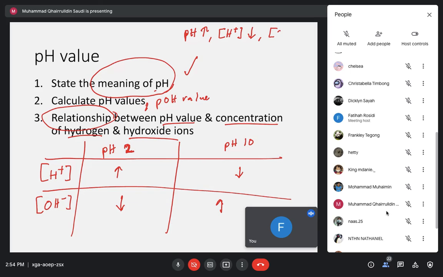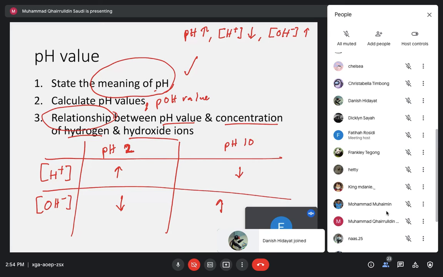How about the concentration of hydroxide ion? Yes, good. Concentration of hydroxide ion increase. Sebab kita tahu as pH increase, maksudnya dia bergerak ke arah alkali. Bila bergerak ke arah alkali, concentration of hydrogen ion decrease, concentration of hydroxide ion increase.